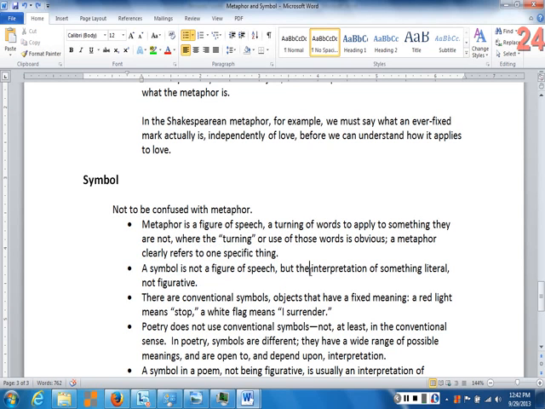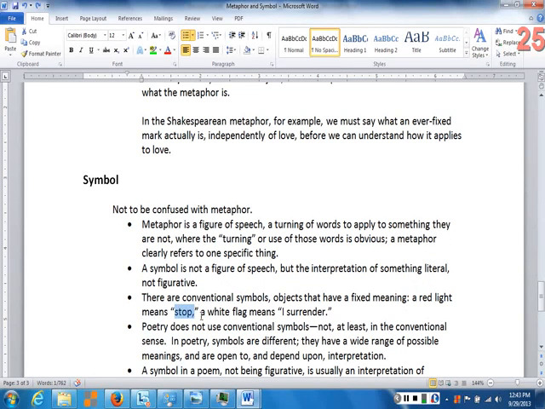When we say something is a symbol for something else, we are interpreting something literal, okay? You'll see what I mean as we go along here. So there are conventional symbols, okay? And a conventional symbol, we use them all the time, all right? That stoplight, when it turns red, is a symbol for the command stop, right?